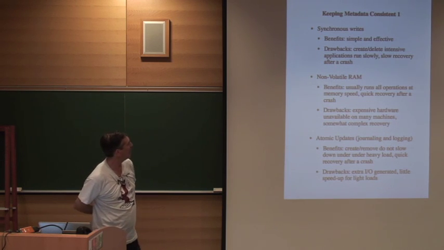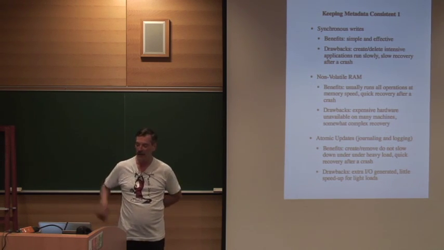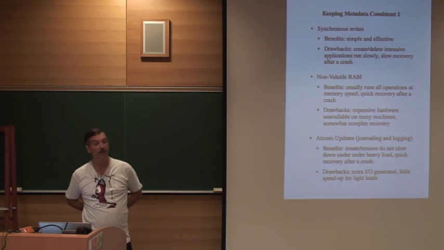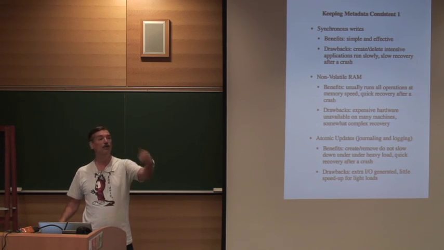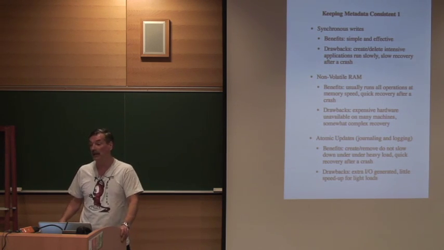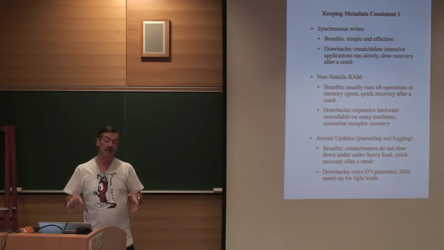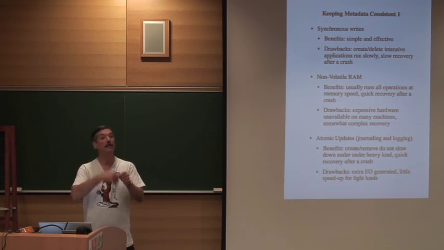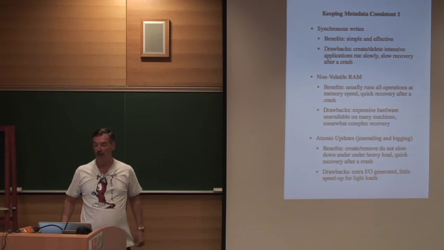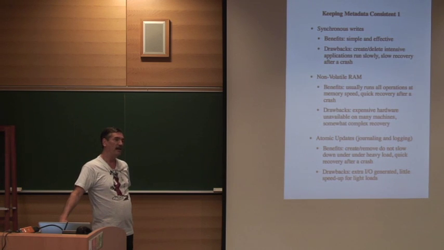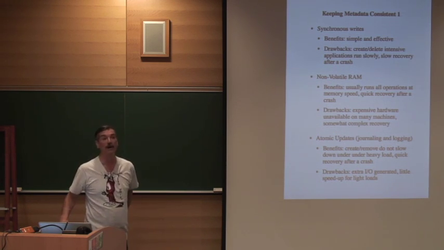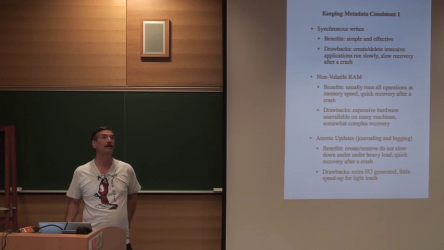At any rate, the next step along the way is to say, well, let's do non-volatile RAM. So we'll put non-volatile RAM on the machine, and then we'll just put any operations that have to be done to disk in the NVRAM, so if a system crashes, when we come back up, they'll still be sitting there, and we can walk through and deal with them. The drawback to this is, first of all, it's expensive hardware. It is not the most reliable hardware in the sense that you normally have to have a battery, and the battery tends to fail after about 2 to 2.5 years, and the disk typically fails after 3.